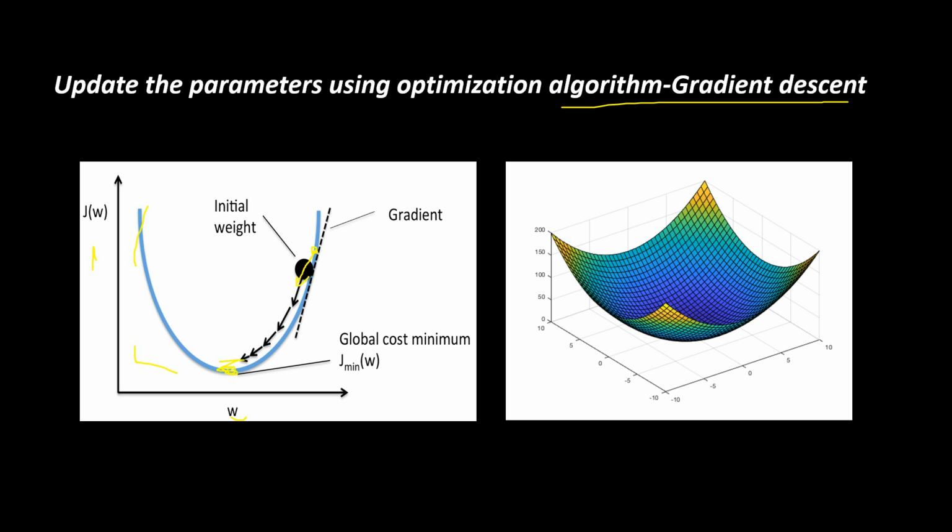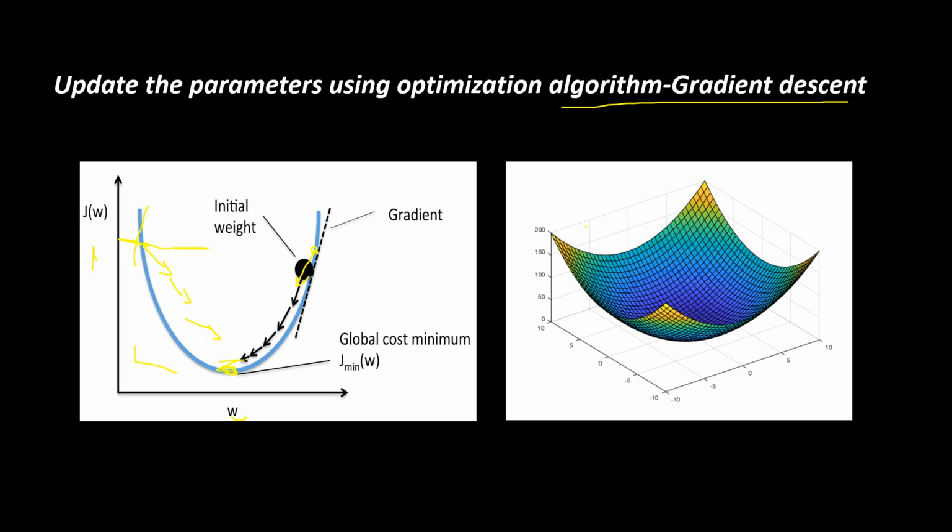And if we are somewhere here, then we'll move in this direction, so we'll move down. The ultimate goal of this optimization algorithm is to move down and reach the zero or minimum cost.